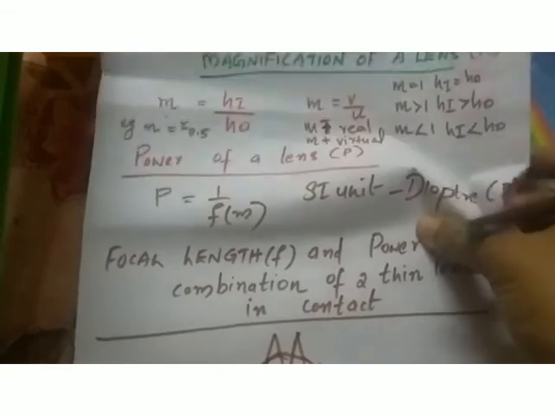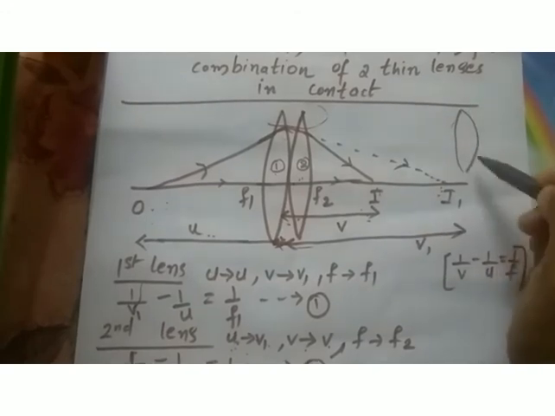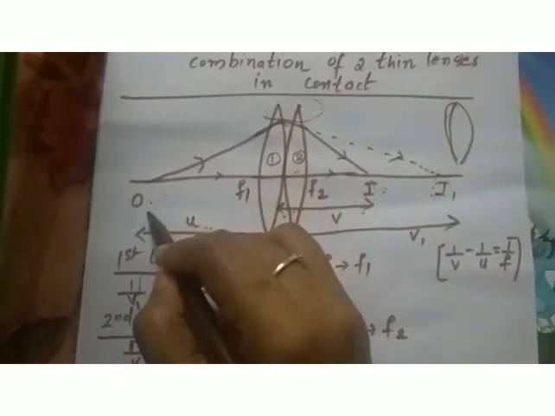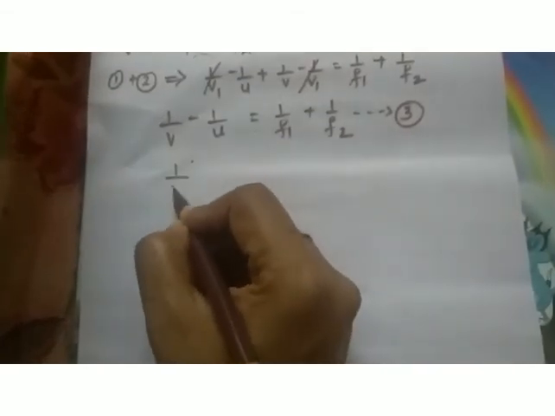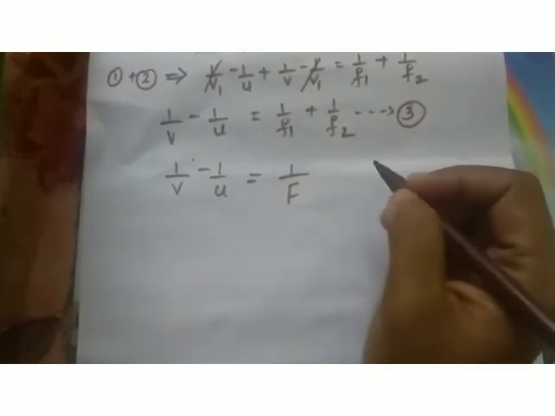See children, this was our combination, and if we replace these two lenses with a single lens such that the image is produced at the same position for the same object position, without any change in u and v, then 1 by v minus 1 by u is equal to 1 by f, where f is the focal length of that single lens that replaced the two thin lenses.